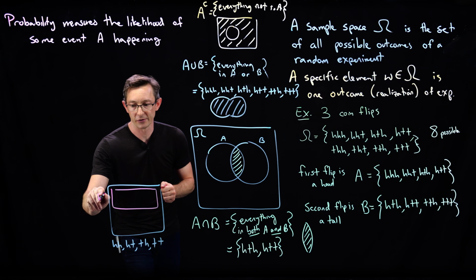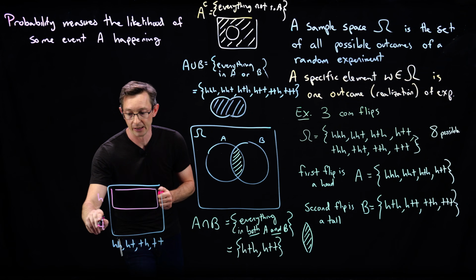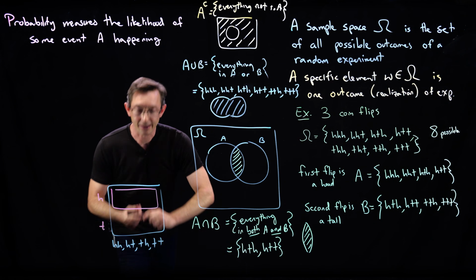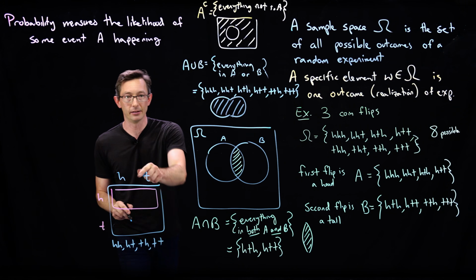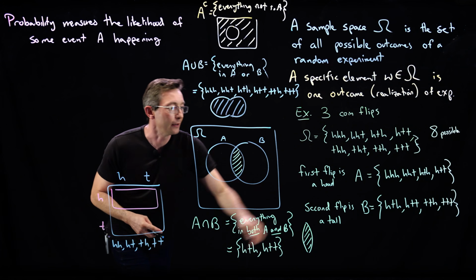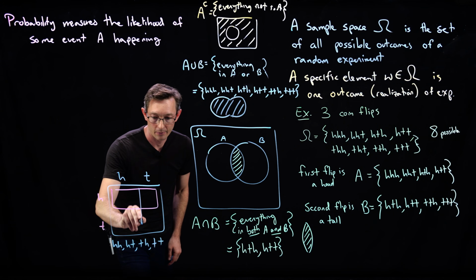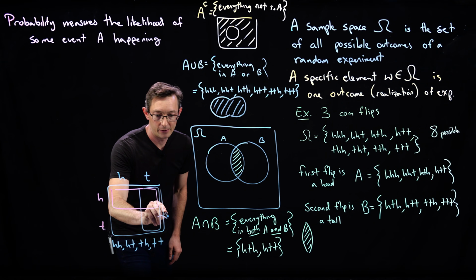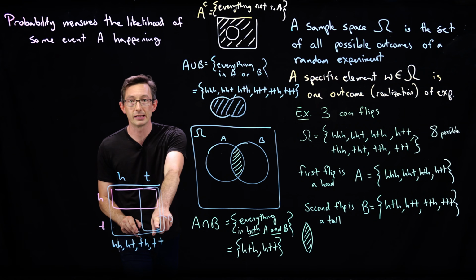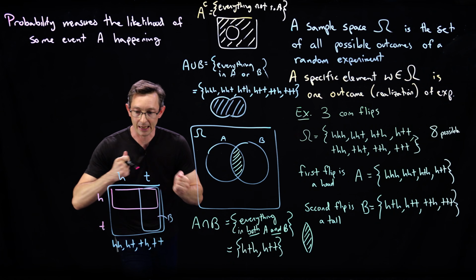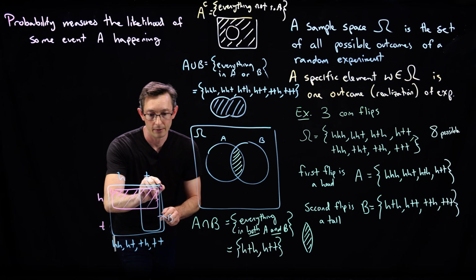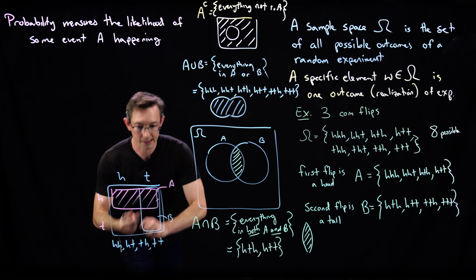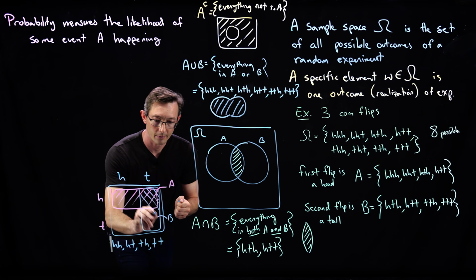So say this is the first flip being heads, this is the first flip being a tail. And let's say that the second flip being a heads is this half, and the second flip being a tail is this half. That would be element B. So this would be B, the second flip is a tail. This set would be A. This is A. This is B.